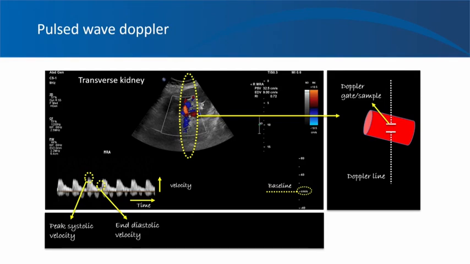And now the machine displays a graph of velocity over time. So on the y-axis it's velocity in centimeters per second, and on the x-axis it's time. And you have a baseline here. Above the baseline is flow towards the transducer, and below the baseline is flow away from the transducer.